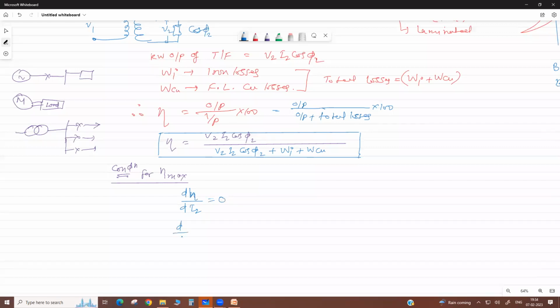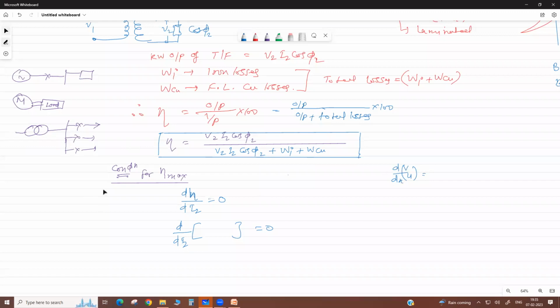We differentiate this entire equation and set it equal to 0. Very simple. You apply the V by U method, differentiate V by U with respect to x. This formula.